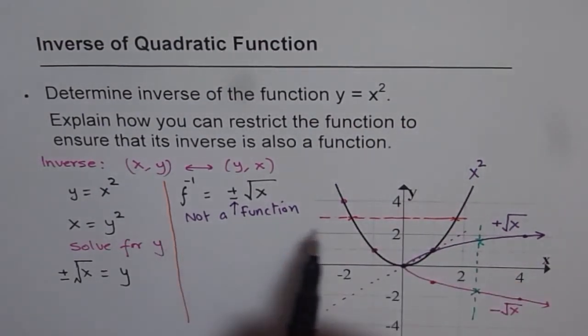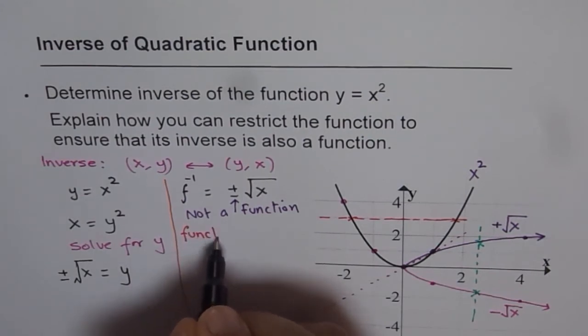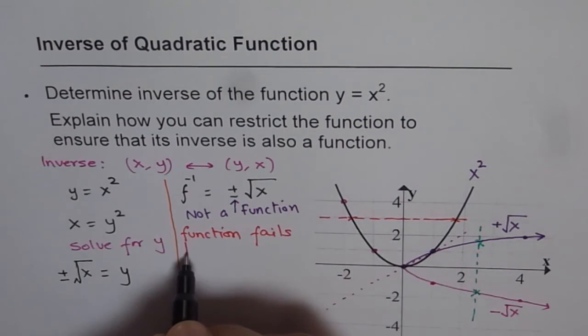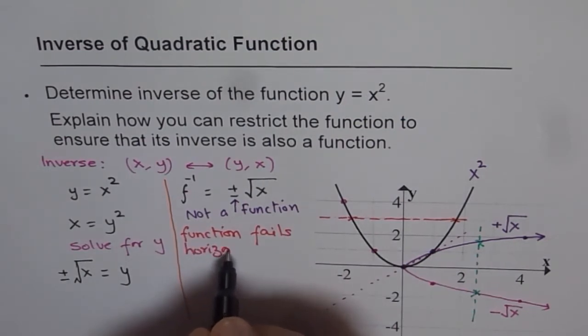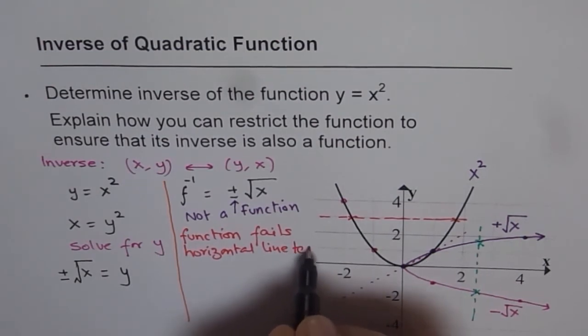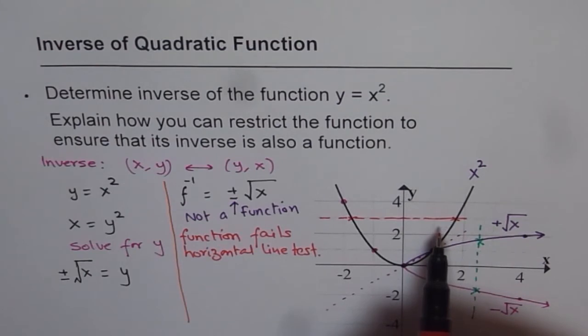So the function fails the horizontal line test. That is why we know that the inverse of this function is not a function.